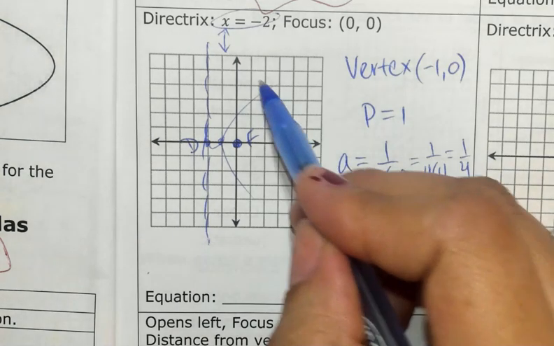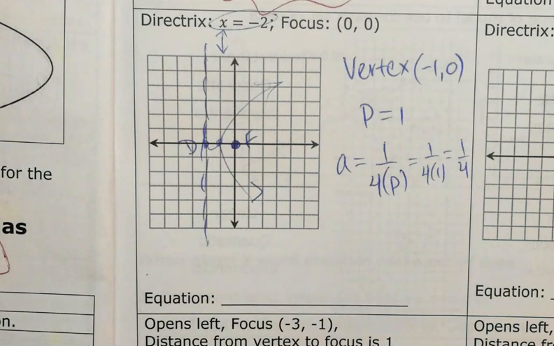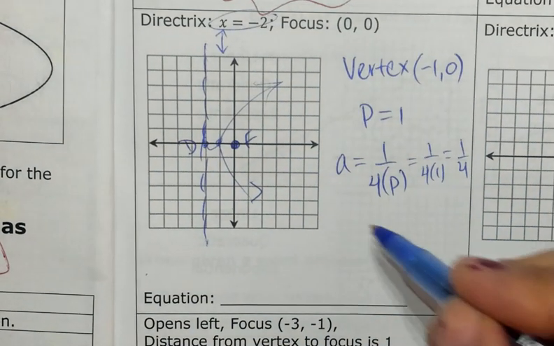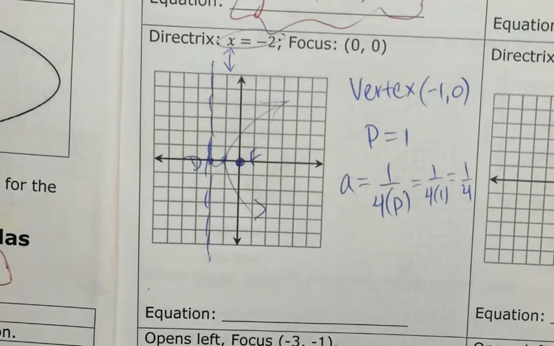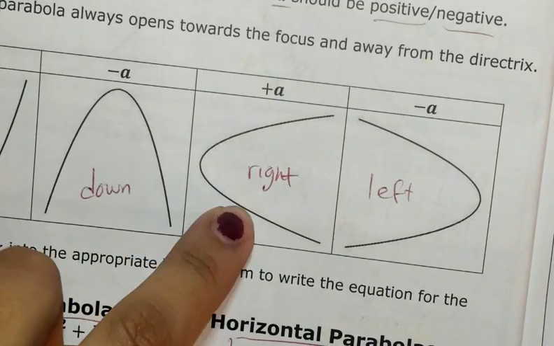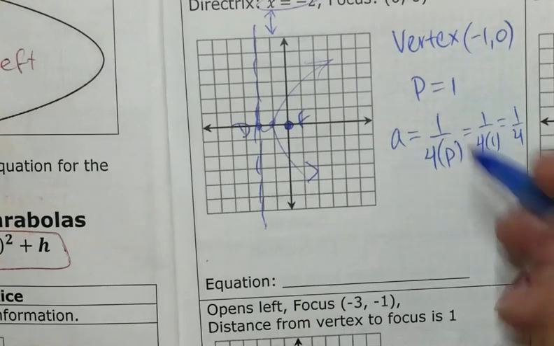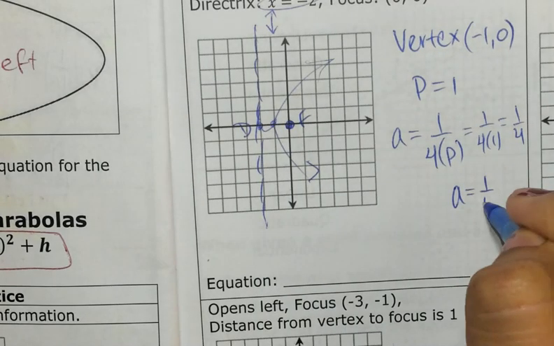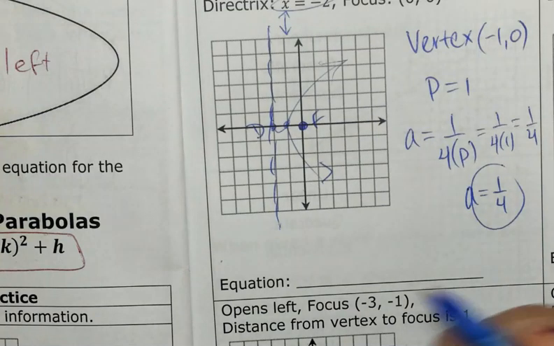But it's opening sideways to the right. So you still have to ask yourself, is the A positive or negative? Because it's opening to the right, your A is positive. So 1/4 is the A value.